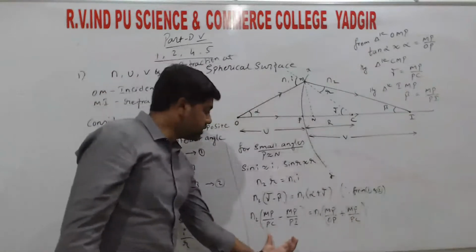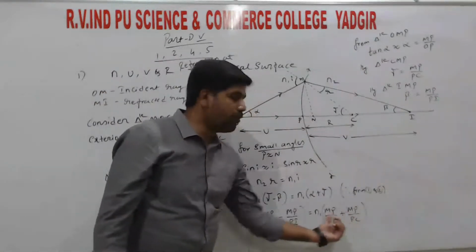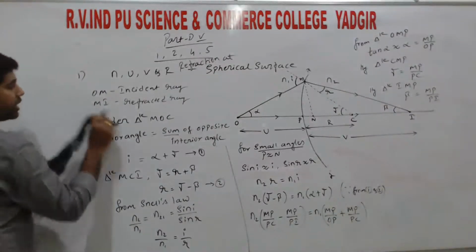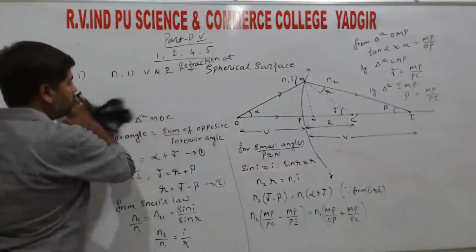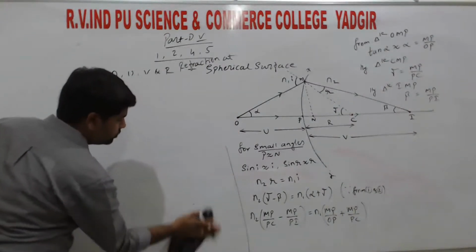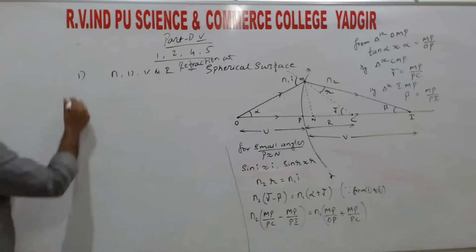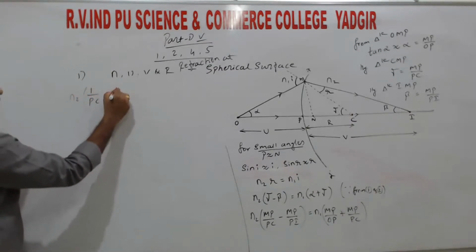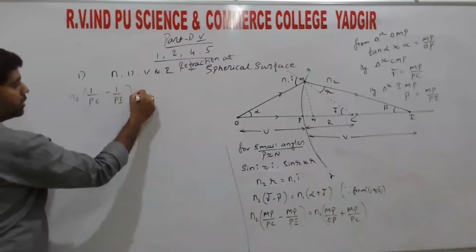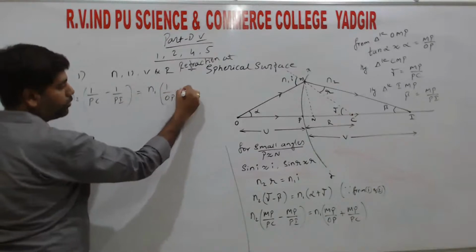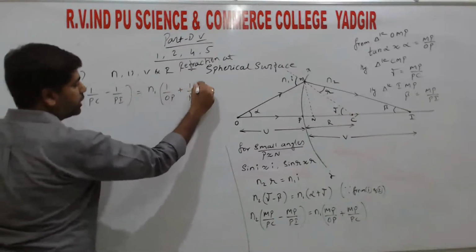In both the LHS terms and the RHS terms, MP is common, so we can take it outside and cancel it. So we get the relation n2 into 1 by PC minus 1 by PI equals n1 into 1 by OP plus 1 by PC.